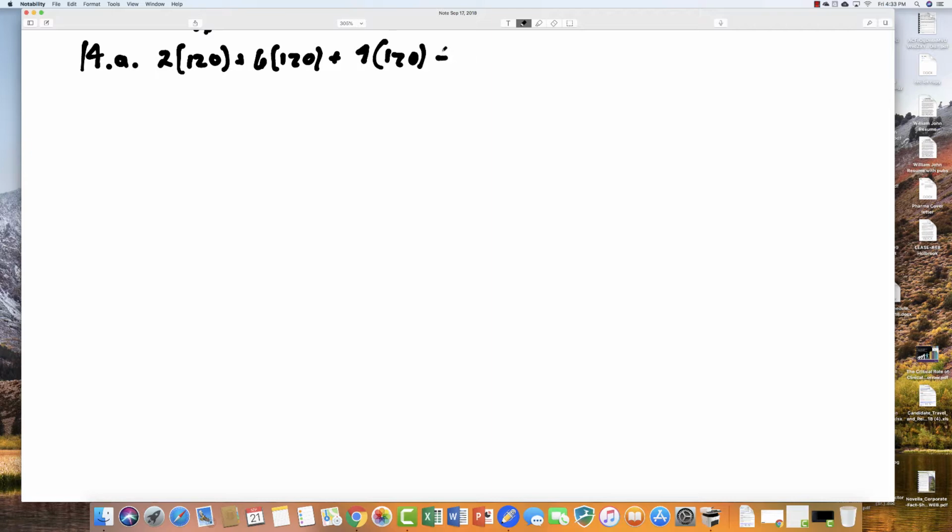And you have to have the diagram in front of you to see where I'm getting these. And then the last is 1 block times 120. And so this is going to be 240 plus 720 plus 480 plus 120. And if you add that up, the distance is 1,560 meters. So the total distance traveled is 1,560 meters.